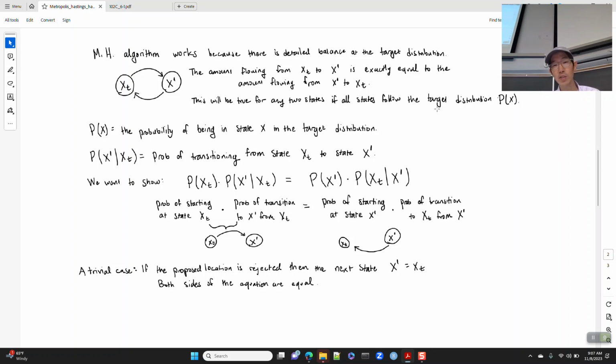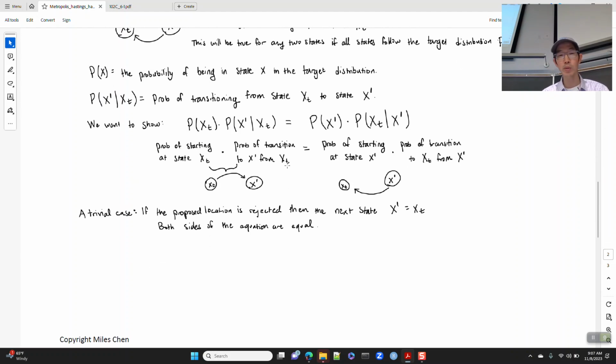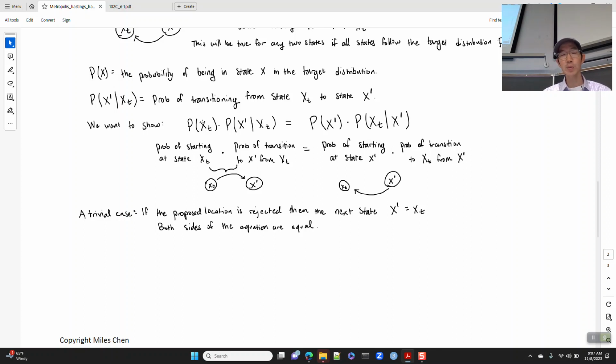If all the states follow this target distribution of p of x, where p of x is the probability of being in state x in the target distribution, and p of x prime given xt is the probability of transitioning from state xt to state x prime, what we want to show is that the probability of starting off at state xt, that is p of xt, times the probability of transitioning to x prime from state xt, is exactly equal to the amount flowing in the other direction.